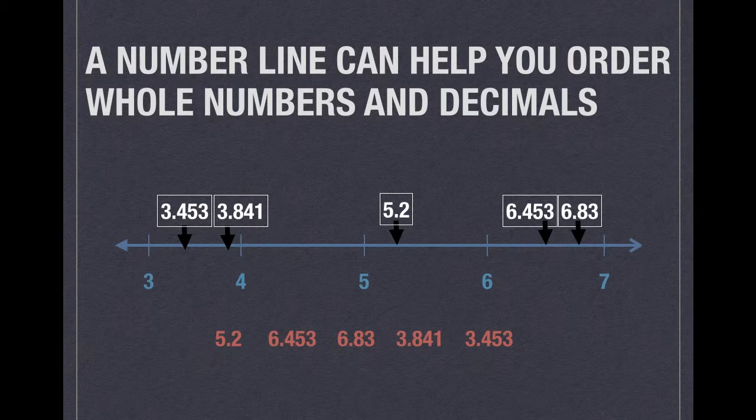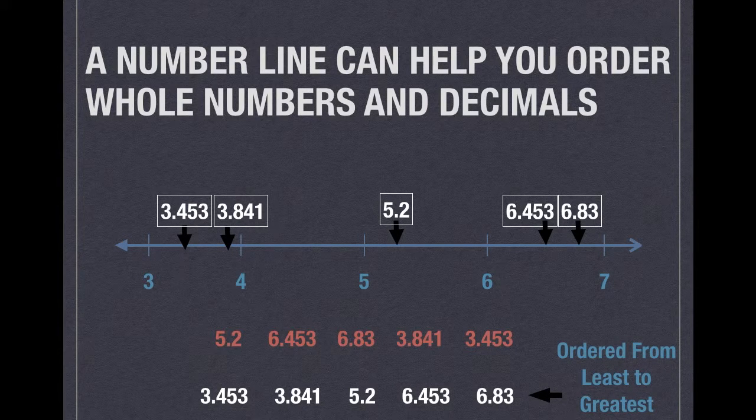This is almost halfway between 3 and 4, but not quite there yet. All numbers are placed on my number line and now can be listed in order from least to greatest. The greatest number is 6 and 83 hundredths. It's not the number with the most digits, but is the greatest value.